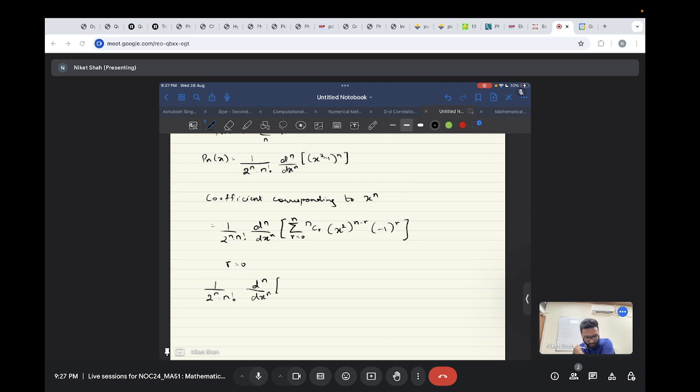So now r equal to 0, so it's basically nC0, which is just 1, into x raised to power 2n. So this is 1 divided by 2 raised to power n into n factorial, and n derivatives. So that gives me 2n into 2n minus 1 into 2n minus 2, and so on up to n plus 1.